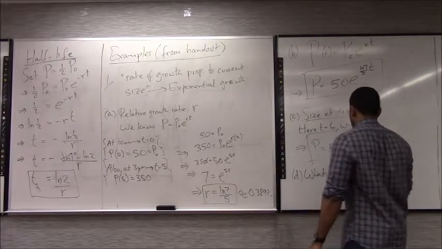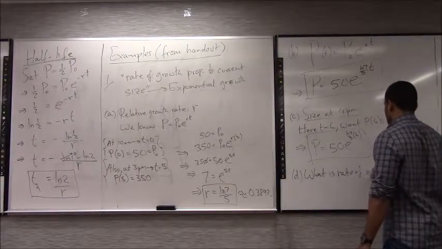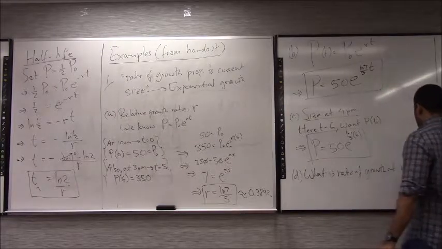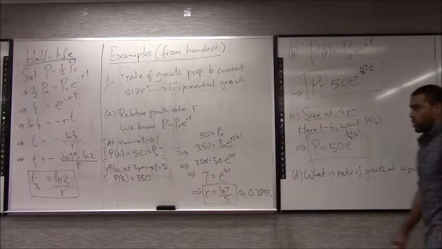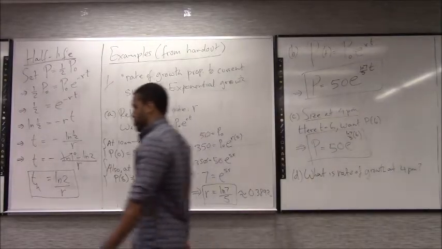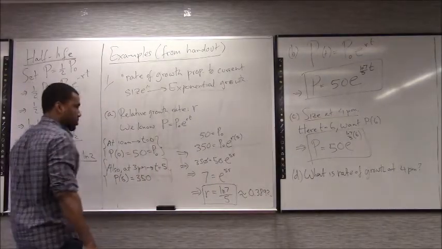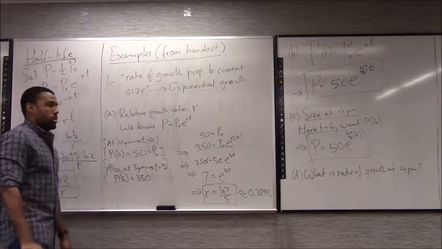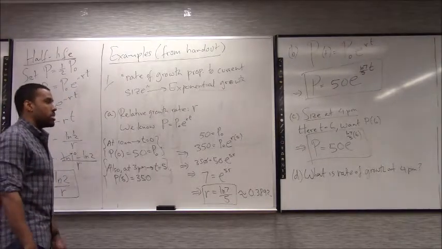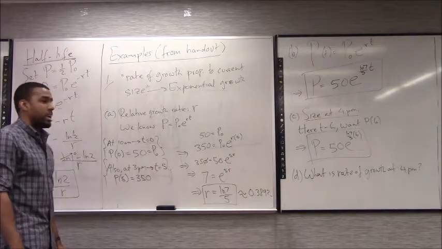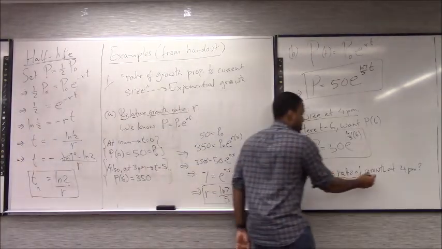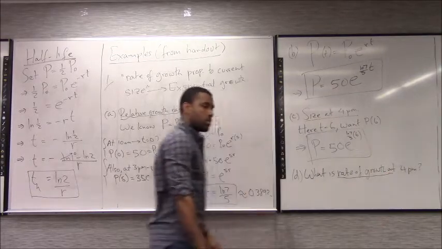What is the rate of growth at 4 p.m.? Yes, I know the phrases are kind of similar, but they're actually different. Relative growth rate and rate of growth are very different.